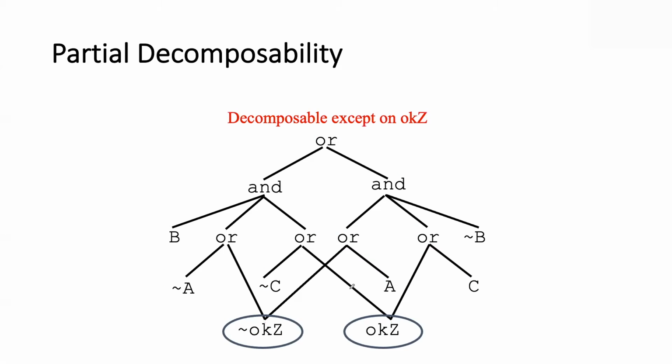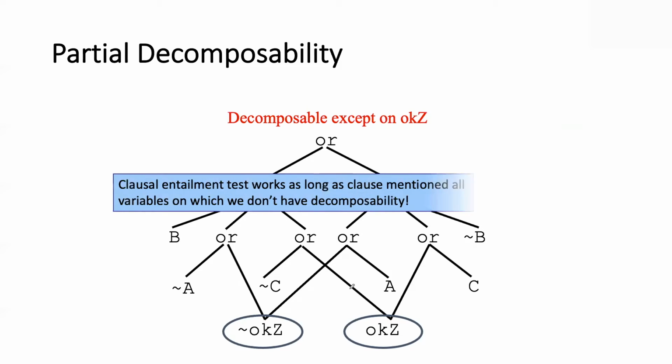Now, remember this notion of decomposable except on some variables, where we said this is a circuit, it is decomposable on every variable but Z. Well, it turns out these are still useful in the following sense, that you can still do clausal entailment on these guys in linear time as long as the clause that I'm checking mentions all variables on which we do not have decomposability. This is what's stated here.